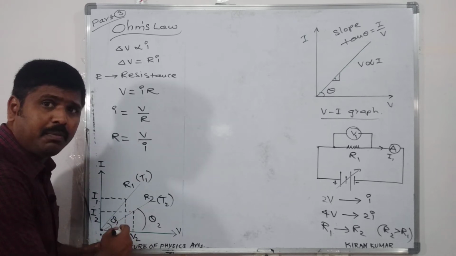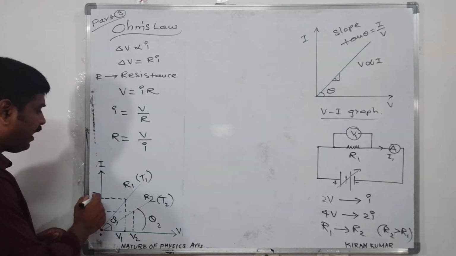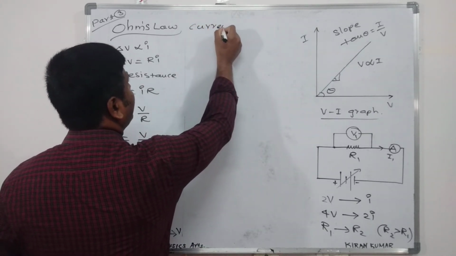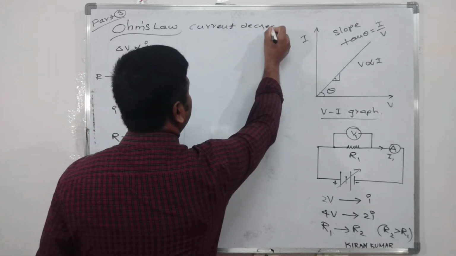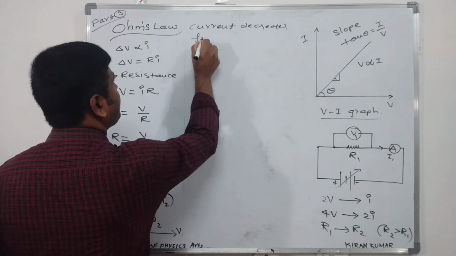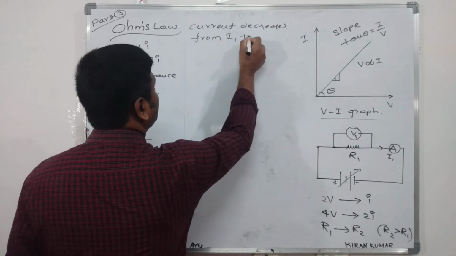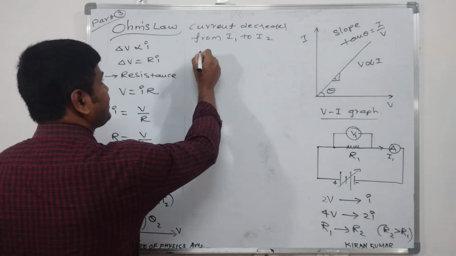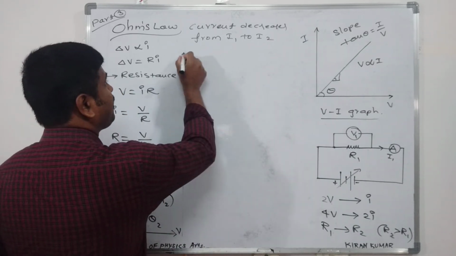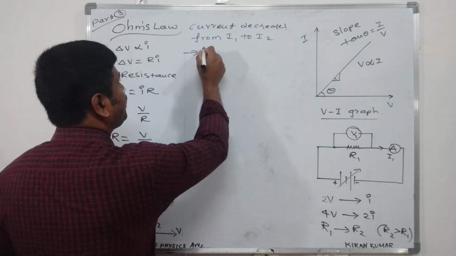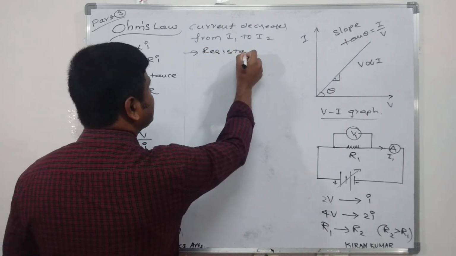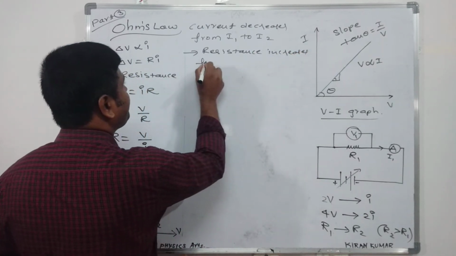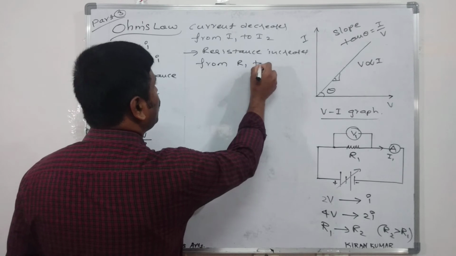One thing we can clearly understand from the graph: current decreases from I1 to I2. That is nothing but resistance increases from R1 to R2.